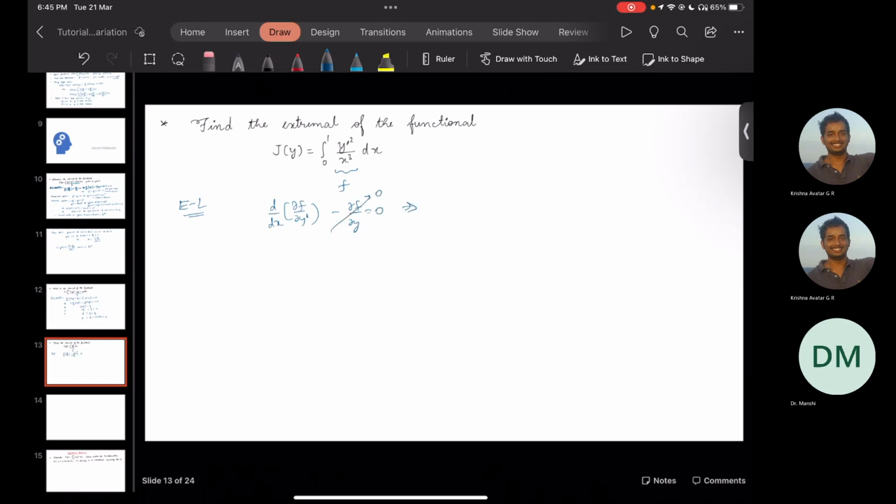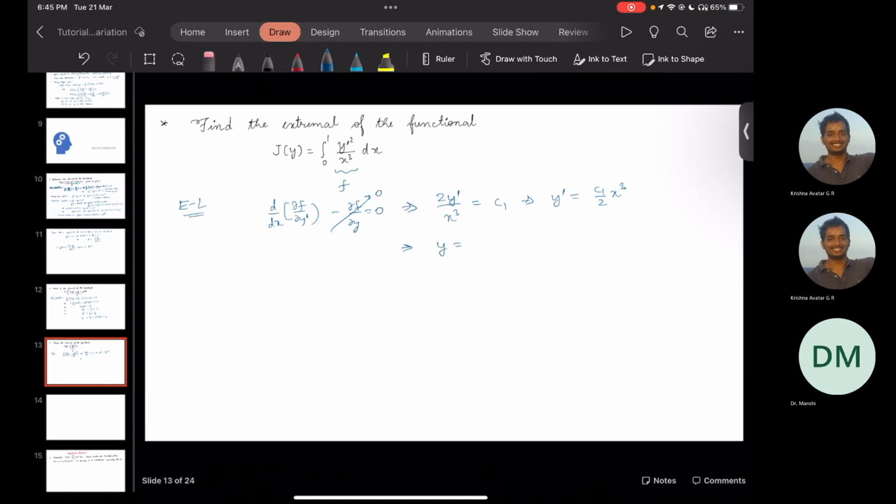So this implies that partial f by partial y prime, which is 2y prime divided by x cubed, is equal to some constant c1. And then this implies that y prime is equal to c1 x cubed by 2, right? And we'll integrate with respect to x.